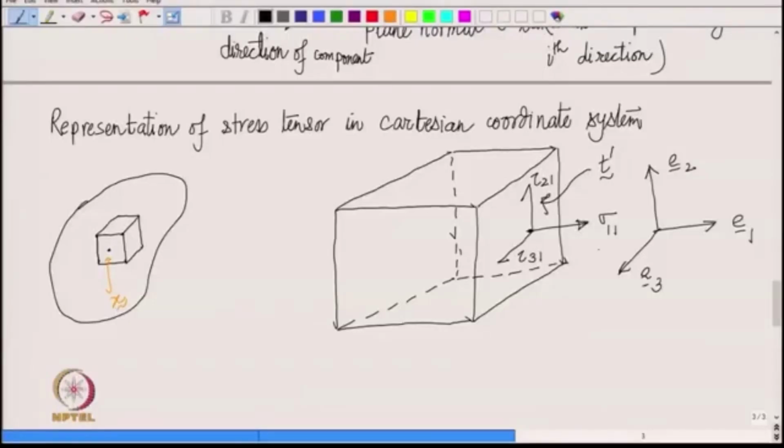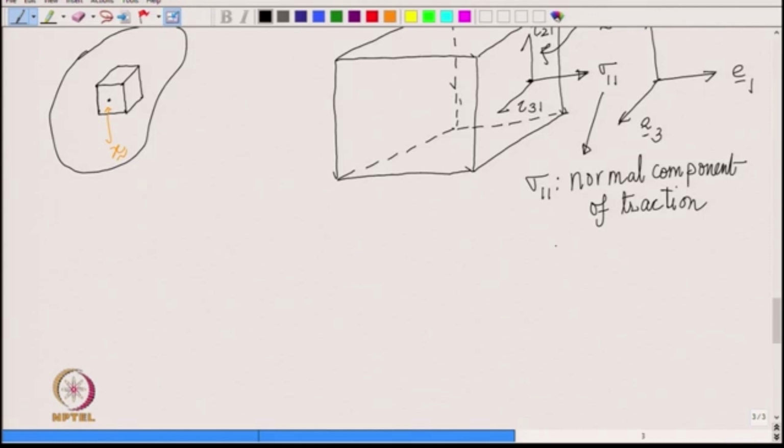Okay. So, we say sigma 1 1 is the normal component of traction. Positive means it is tensile and negative means it is compressive.